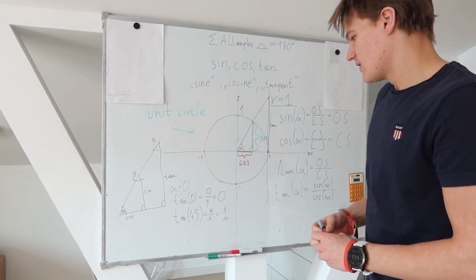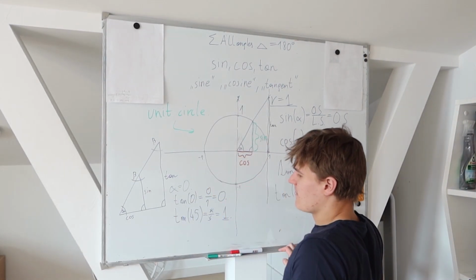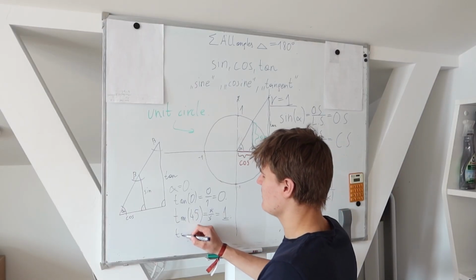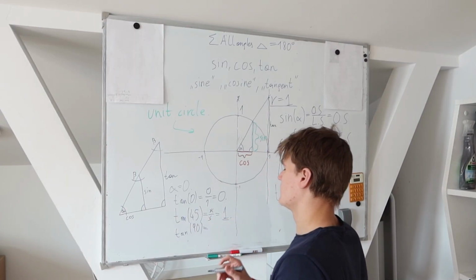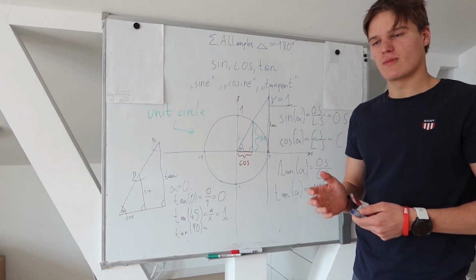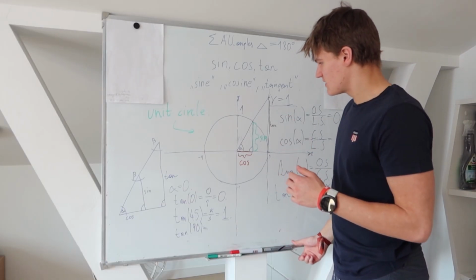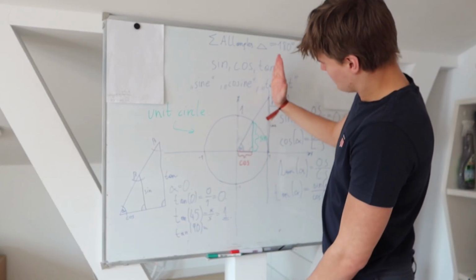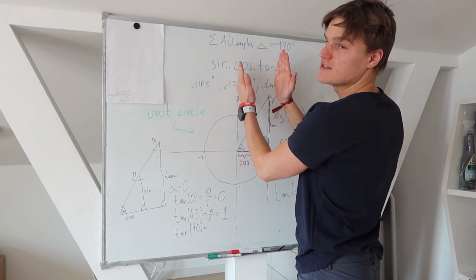Let's have a look at another example. For example, let's look at tangent of 90 degrees. And here's actually a thing that you guys need to remember. The tangent of 90 degrees, what does that mean? The question is, at which point does this straight line intersect the y-axis?